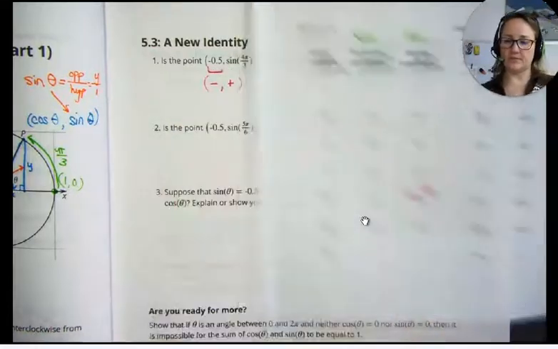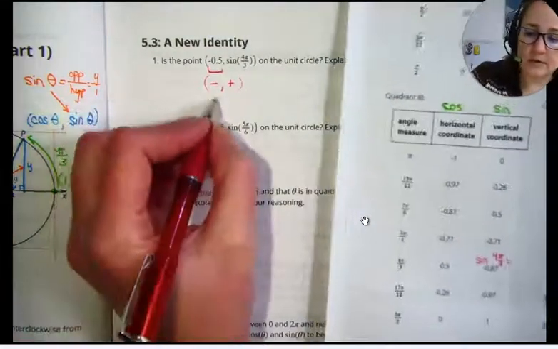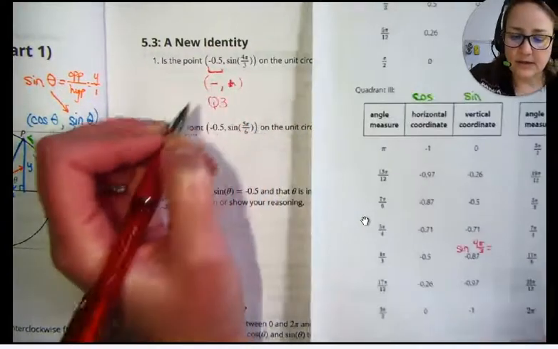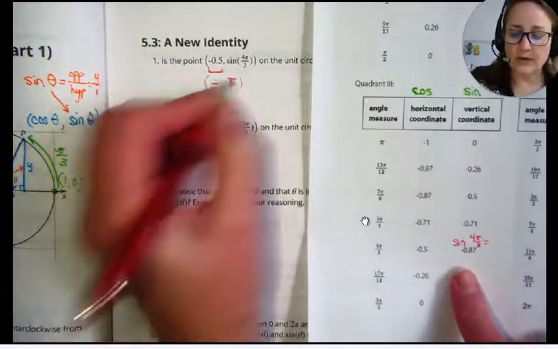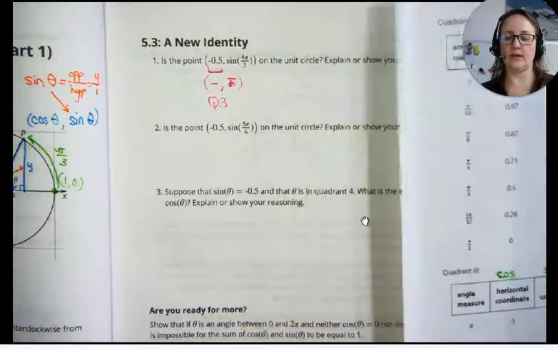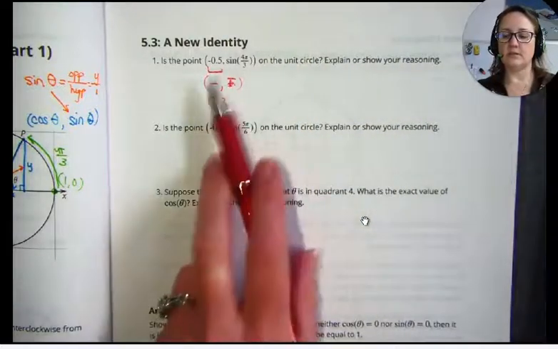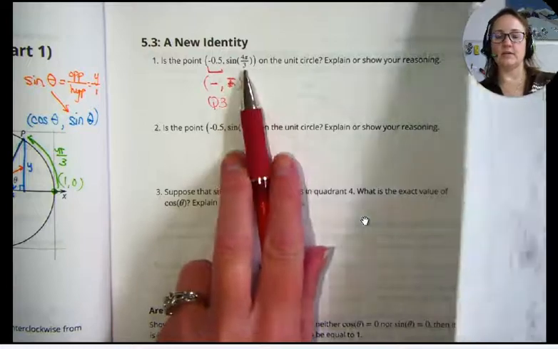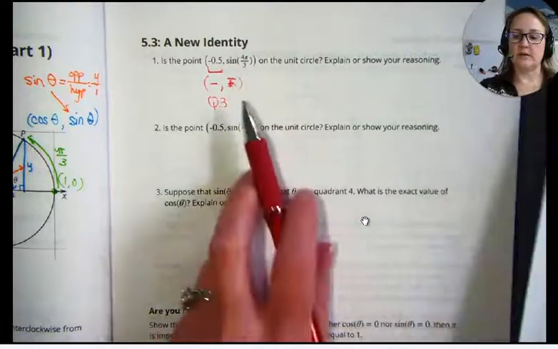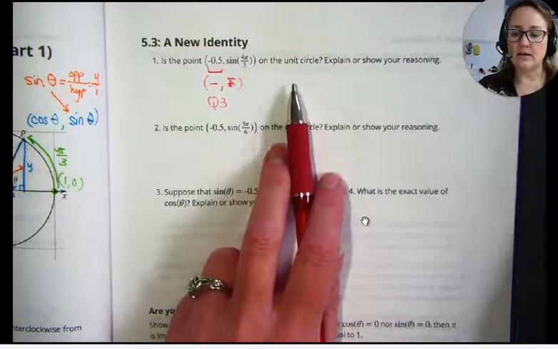Everything checks out. So we know that we're in quadrant 3, so both of them would have to be negative.